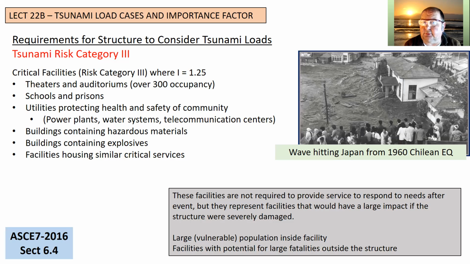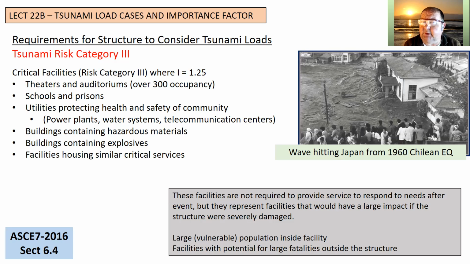Schools and prisons. Schools are housing a lot of young students, young children. They don't really know how to respond to events like this. And of course, it's a tragedy when something like that is badly damaged. Prisons, prisoners are not there by choice. They expect and deserve to be safe while they're there.